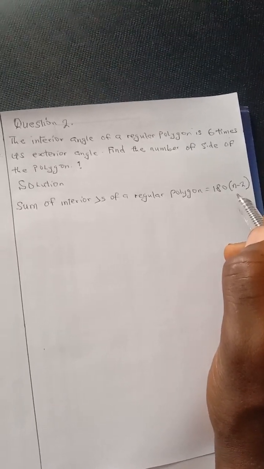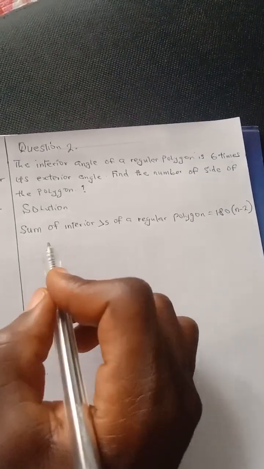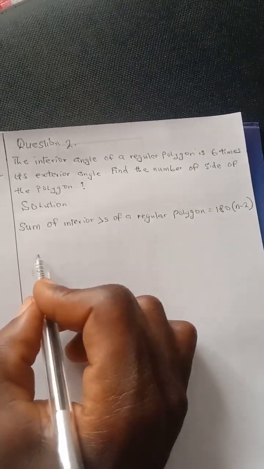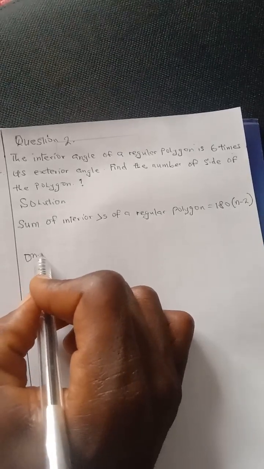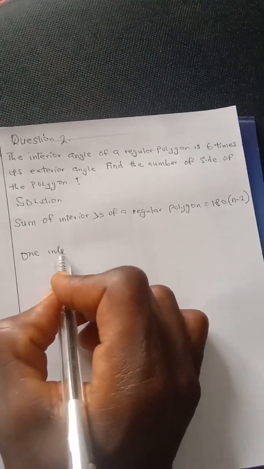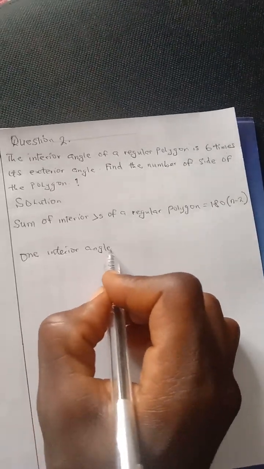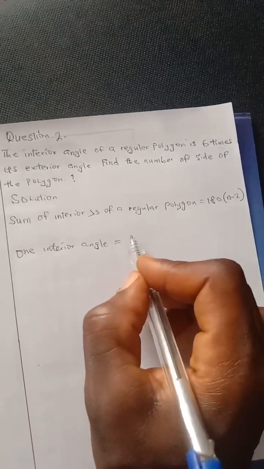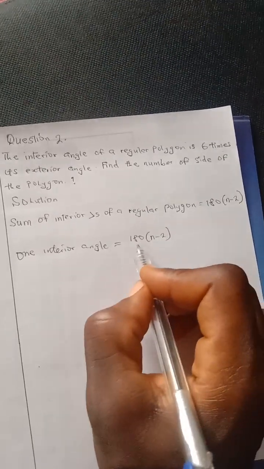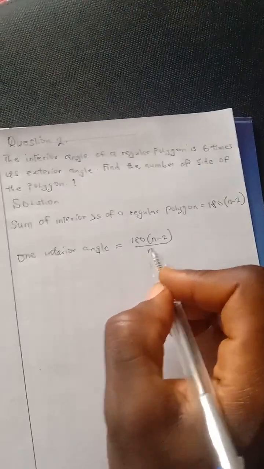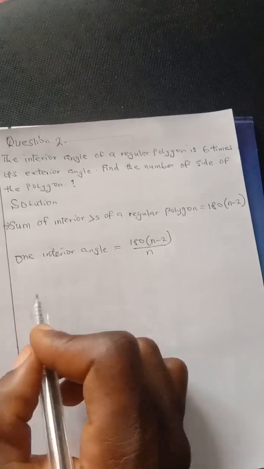But in this kind of question, you divide it by n because you don't know the number of sides. So one interior angle is equal to 180 times n minus 2 divided by n. This is the first fact we develop.